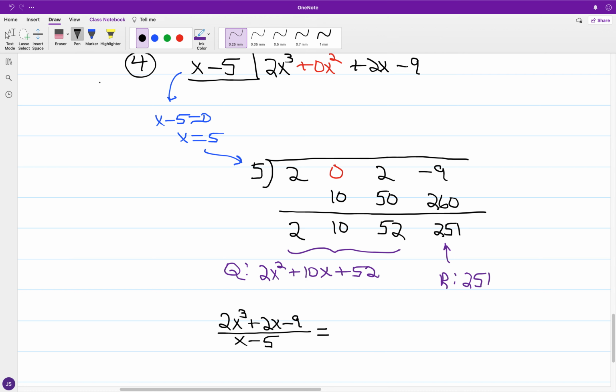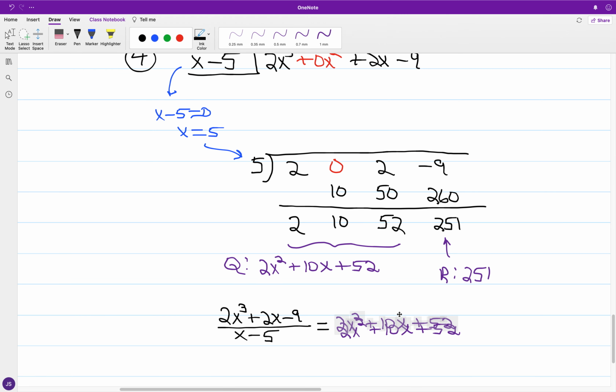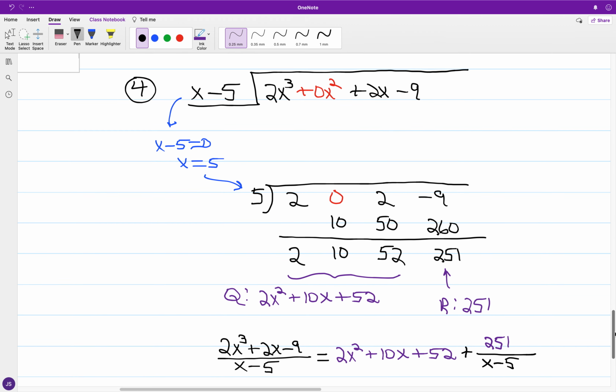Again, that's going to be equal to the quotient, 2x squared plus 10x plus 52, plus 251 all over x minus 5. So again, you have the quotient plus the remainder over the divisor. That'll be the complete layout in the case of problem number 4.